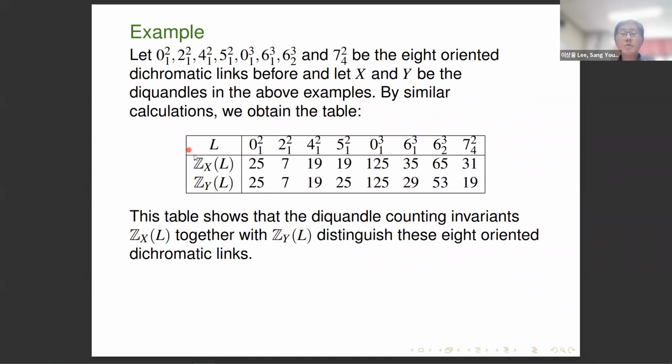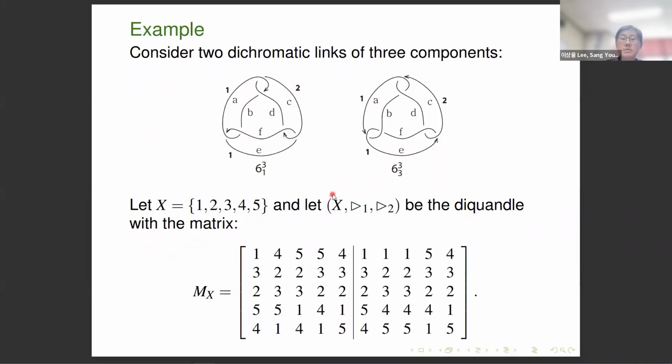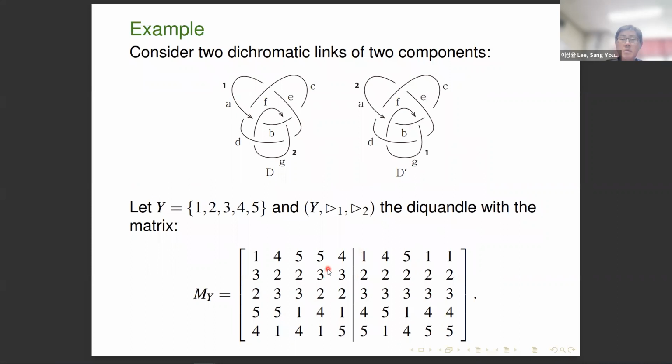We compute the coloring numbers of these 8 dichromatic links, which gives these tables. This table shows that the diquandle coloring numbers distinguish these 8 oriented dichromatic links by using 2 kinds of diquandle, this one and this one, X and Y.